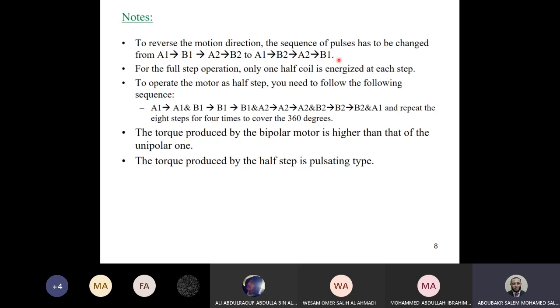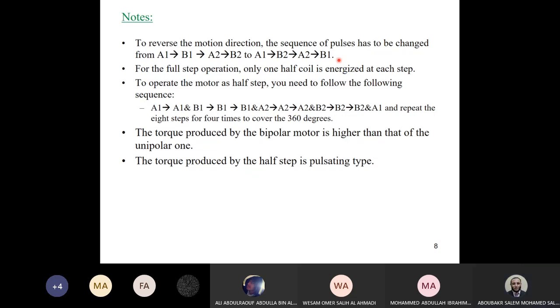Also, for the full step operation, only 1/2 coil is energized at each step. However, for half step, we need to energize 1/2 and then 2/2 and so on. This is for unipolar. To operate the motor at half step, you need to follow the following sequence: A1, then A1, B1, then B1, and so on.